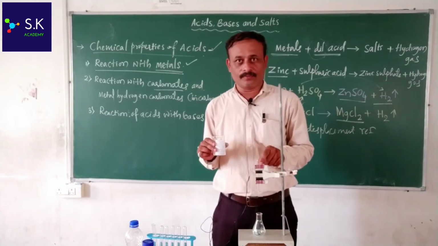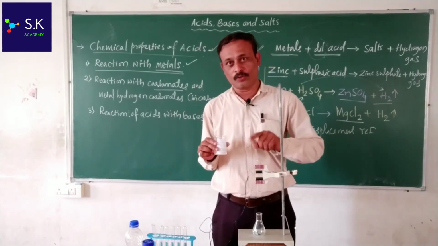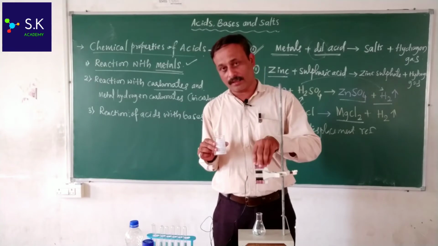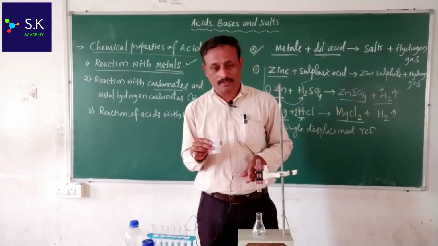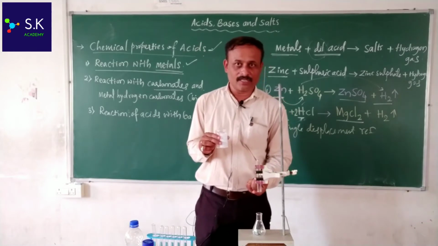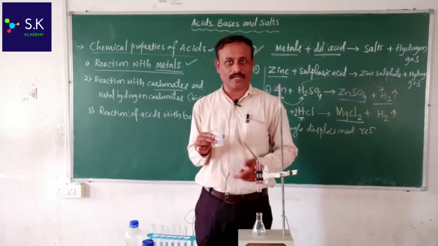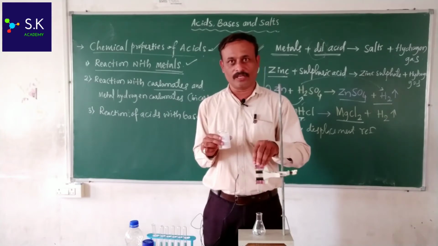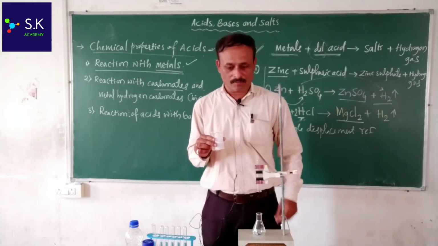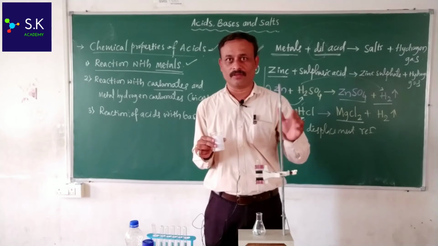I have kept the test tube upside down like this, but hydrogen is a very light gas compared to air, so it will not escape out of the test tube. It will be stored here, and later we will test that by taking a matchstick near to it.